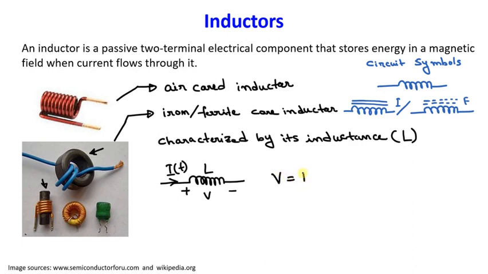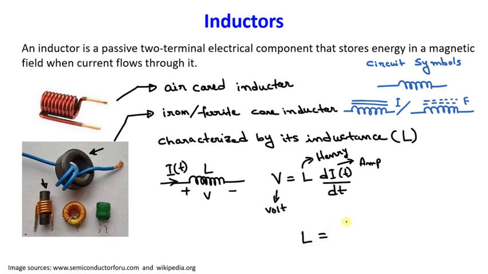So V can be expressed as V = L di/dt, where V is the voltage drop across the inductor. If you represent V in the unit of volt and current i in ampere, then the unit of L will be Henry, or in short it is written as capital H, and this is the SI unit of inductance.